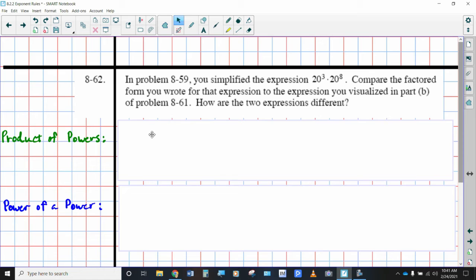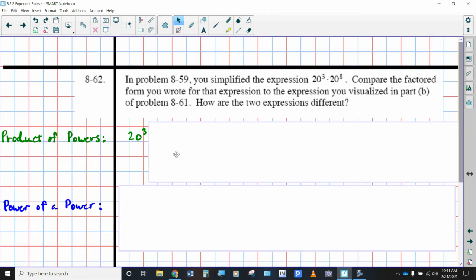All right, so in problem 59, you simplified the expression 20 to the 3rd times 20 to the 8th. Compare the factored form you wrote for that expression to the expression you visualized in problem number 61, and how are they different? Okay, so the first one was a product of powers kind of property.